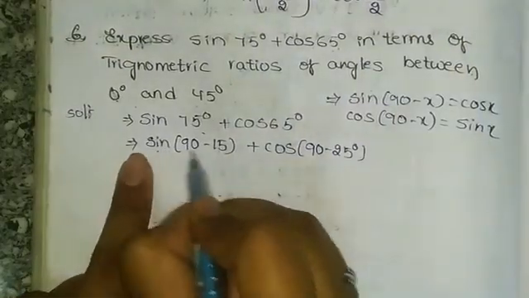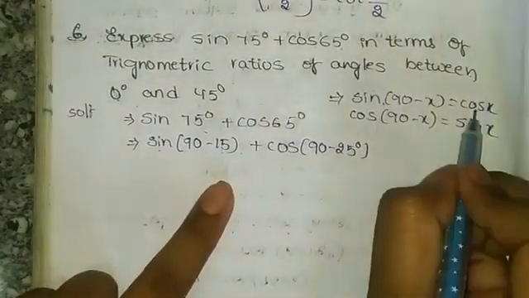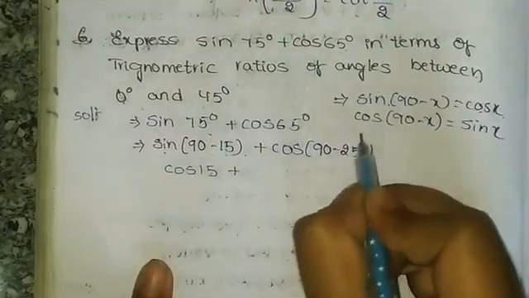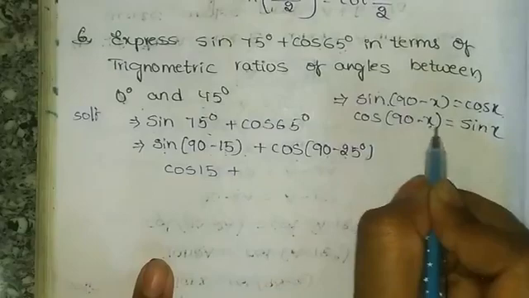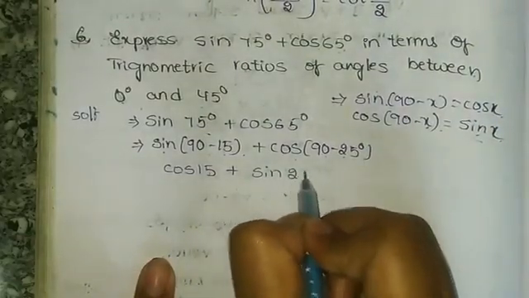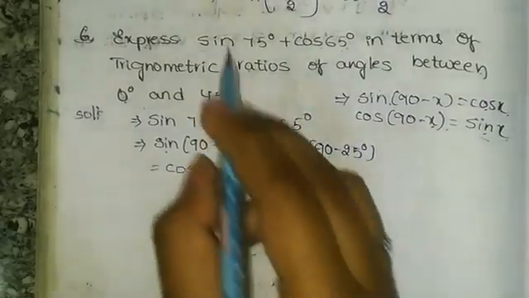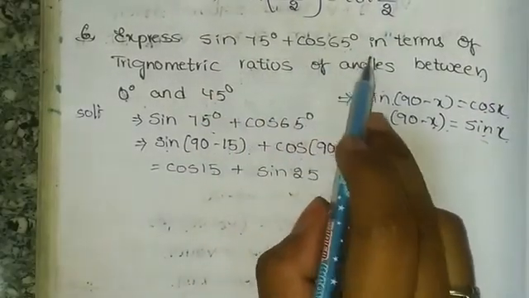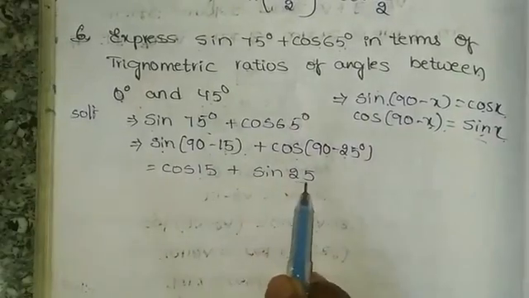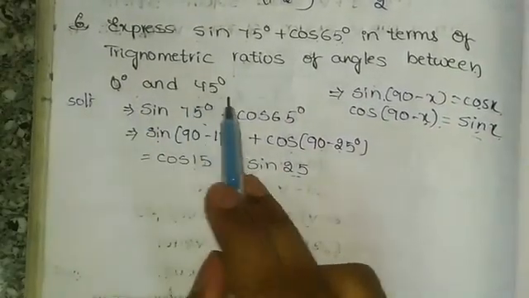So here we have sin 90 minus 15, which is equal to cos 15, plus here cos 90 minus 25 is equal to sin 25. So we expressed sin 75 plus cos 65 as cos 15 plus sin 25, where 15 and 25 are between 0 and 45 degrees.